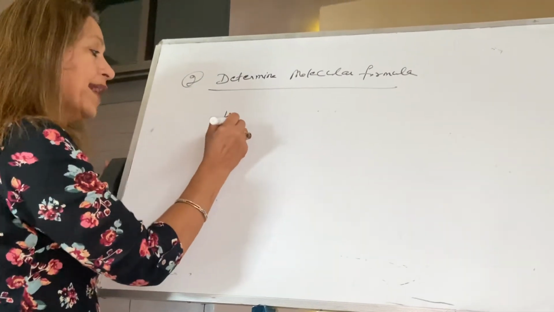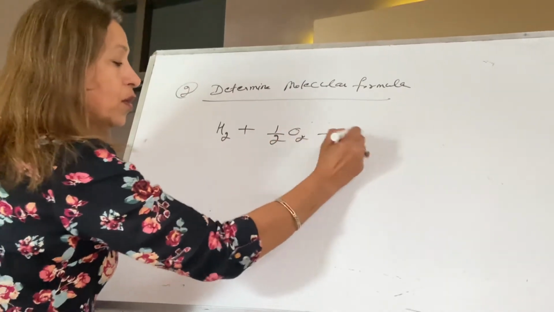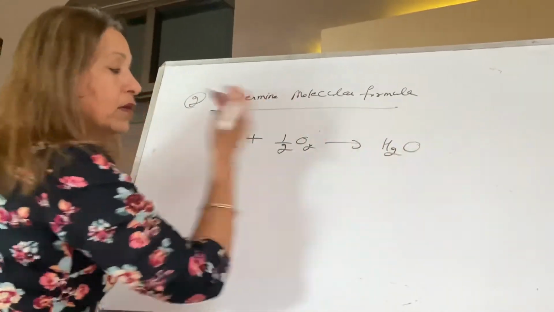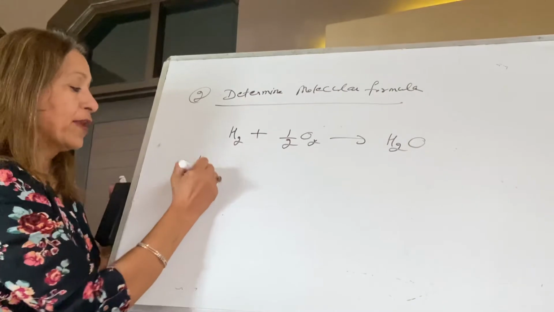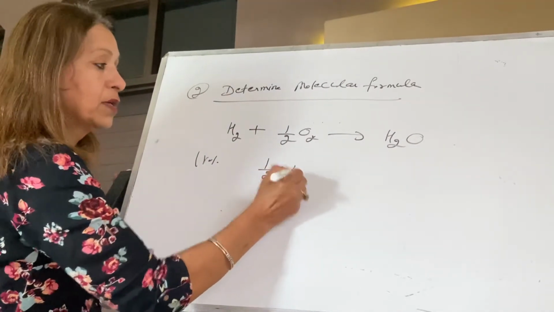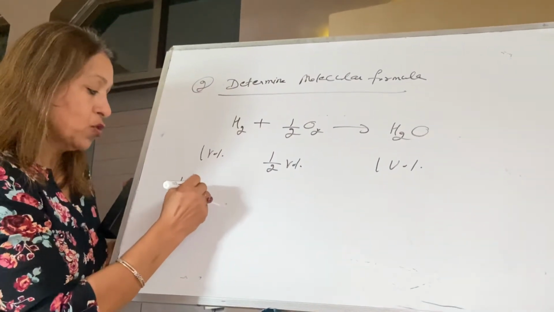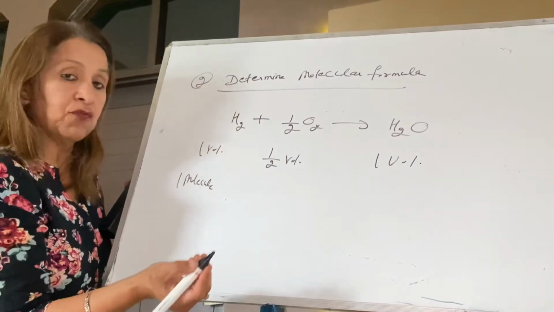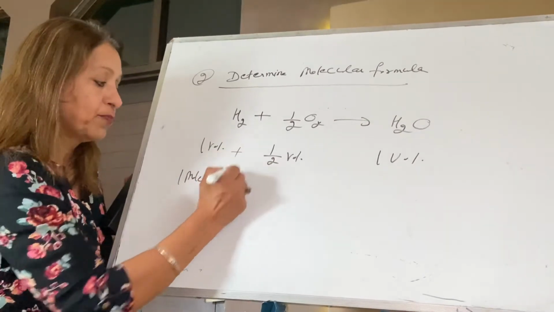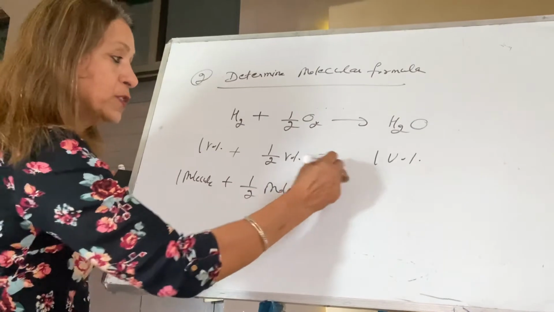Write down again H2 plus half O2 arrow water. It is one volume, half volume, one volume. Equal volume contains equal molecules. It is half molecule and one molecule.